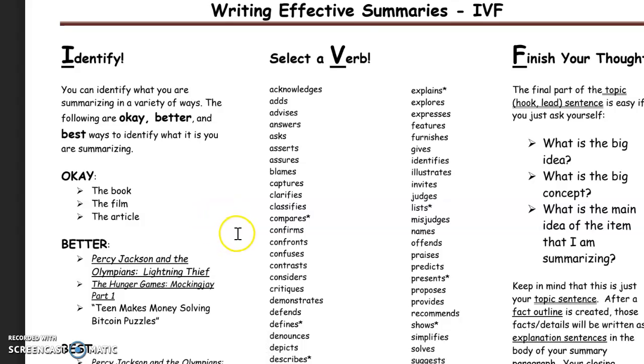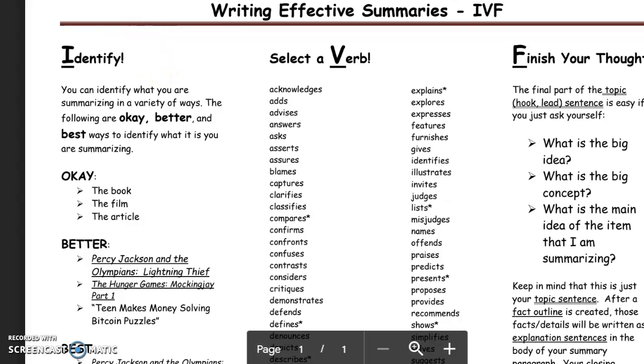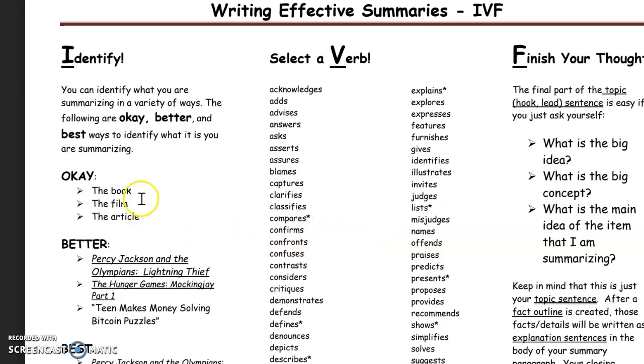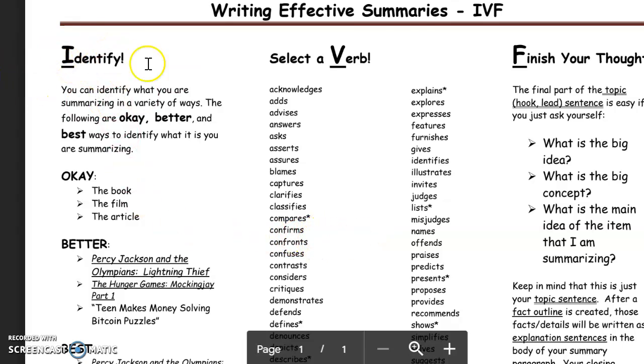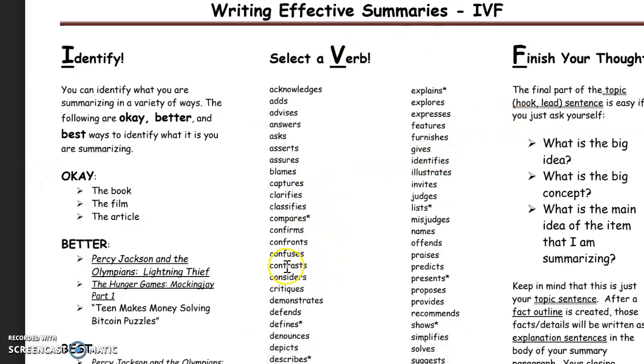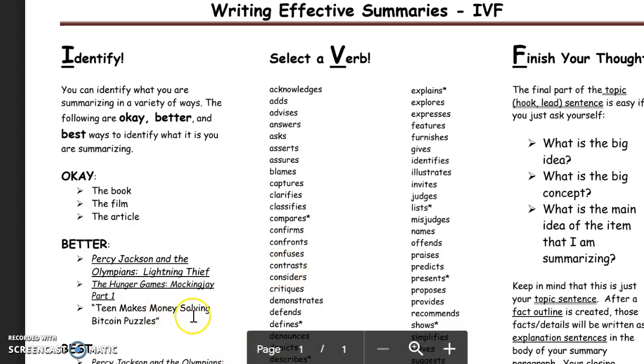Please keep emailing me if you have questions. If you don't have a place to answer questions or write a summary, as in packet number 3, start a new Google Doc and type a summary. And again, use this IVF strategy where you're writing a topic sentence and supporting it with 3 to 5 supporting sentences.